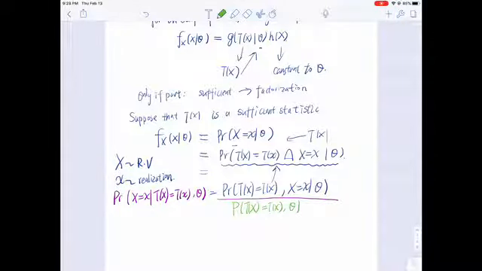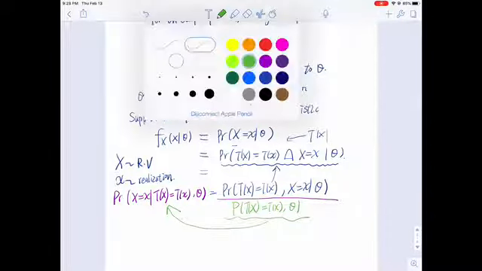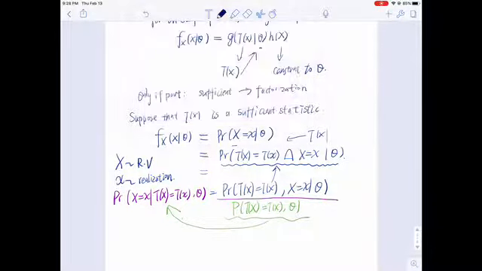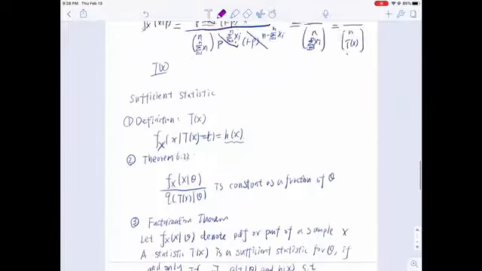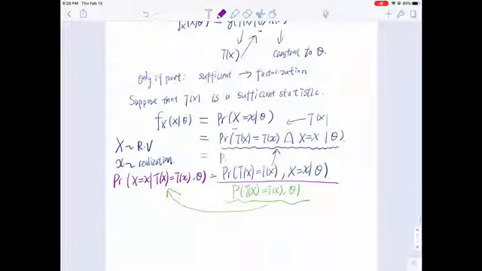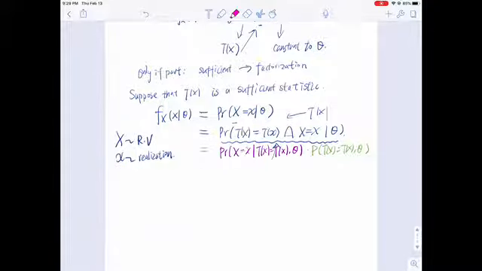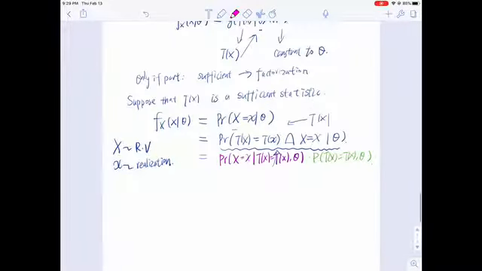So if we move this term to the left, we actually get what we want. So the joint probability can be written as the product of the conditional probability times the marginal probability, and you will see why we need to rewrite it in this form. Now we successfully factorize f(x) into two probabilities.